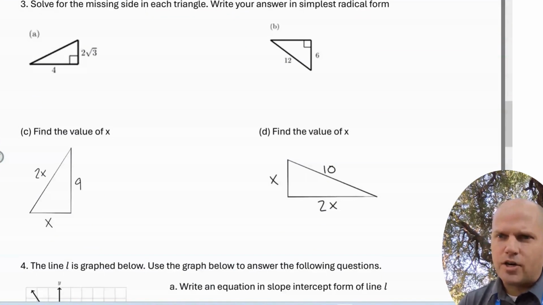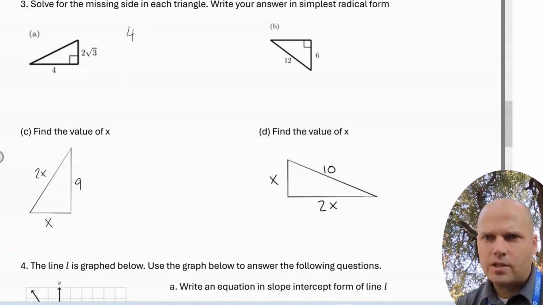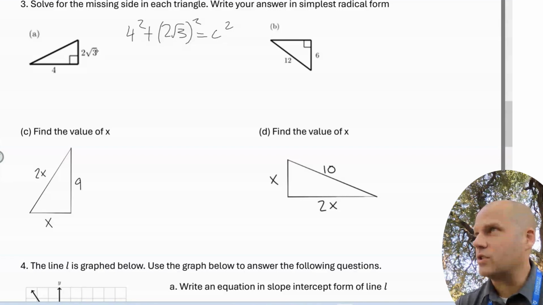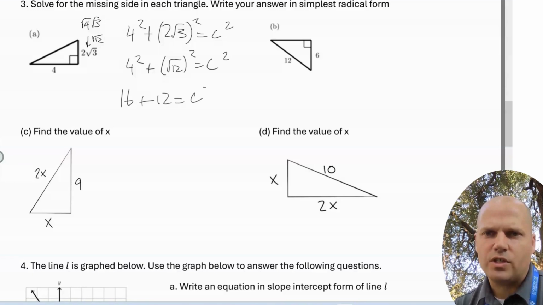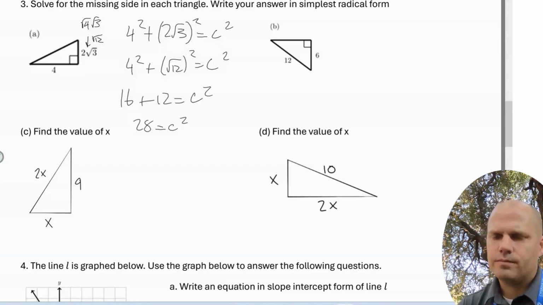All right, right triangles, Pythagorean theorem. A squared plus B squared equals C squared. We kind of practice what is 2 root 3. Watch what you could do here. Let's make it easy on yourself. Is it 2 root 4? Is it root 4 times root 3, root 12? Watch this. 4 squared plus root 12 squared. 16 plus 12 equals C squared. 28 equals C squared.